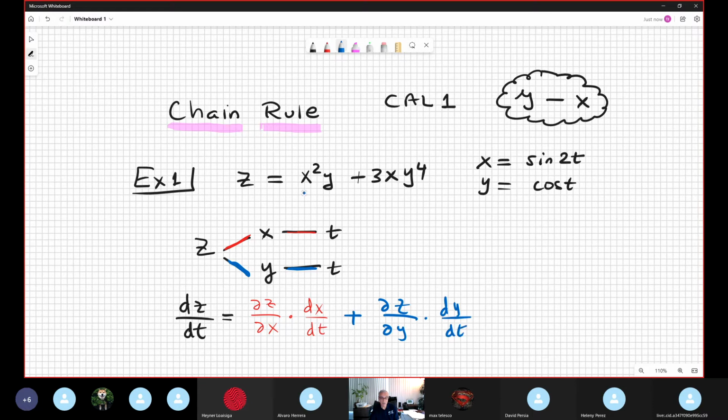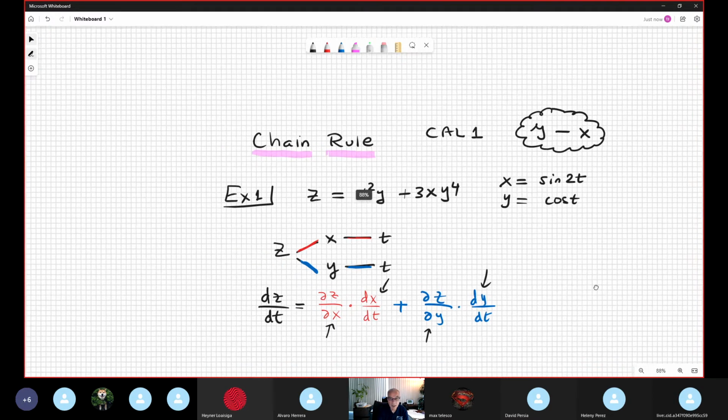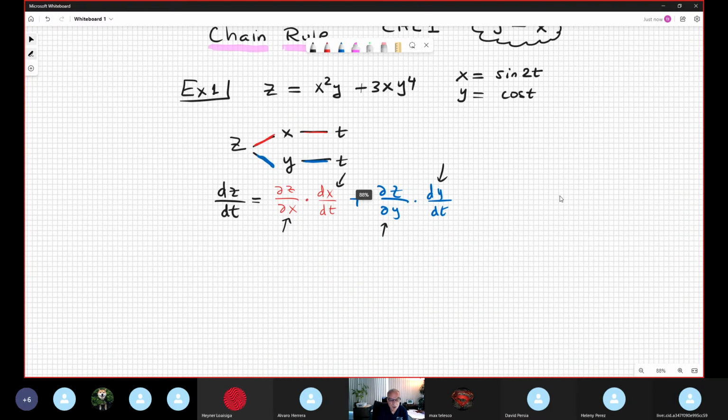Important, repeat again: this derivative is ordinary, Cal 1. This derivative is partial, Cal 3. Good? I am using this notation now. Frequently, in papers, I use a different notation, because I need you to adapt to different notations.